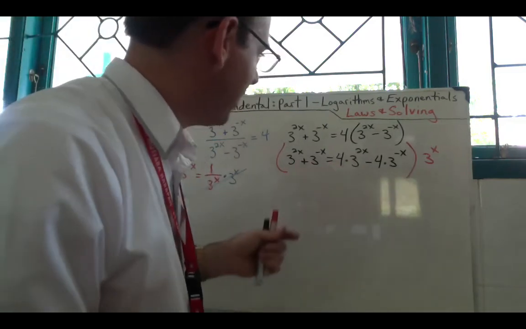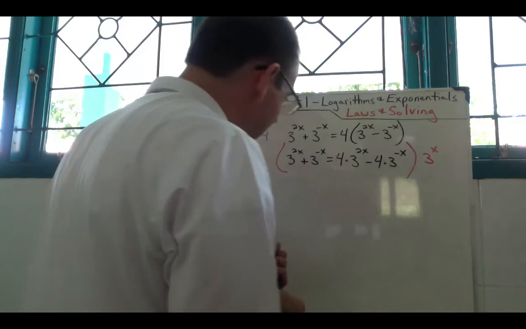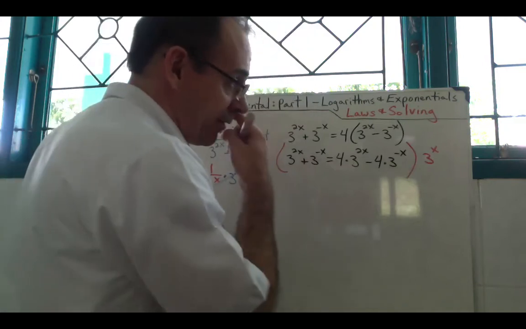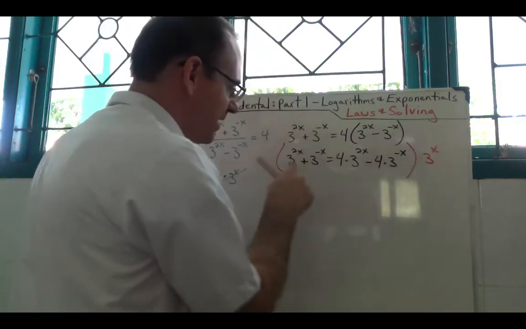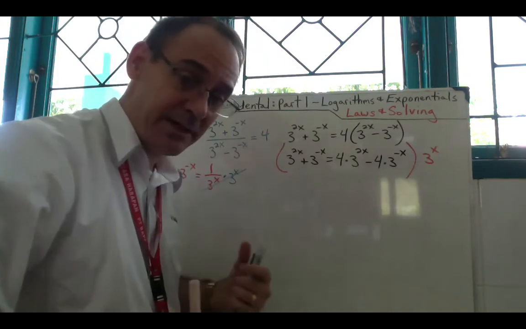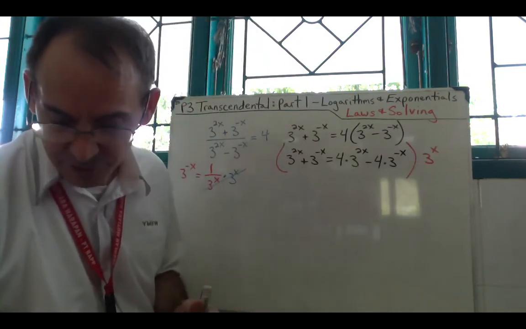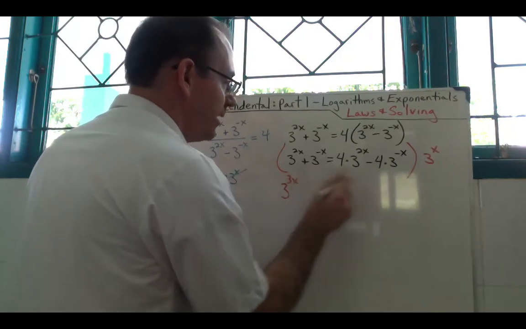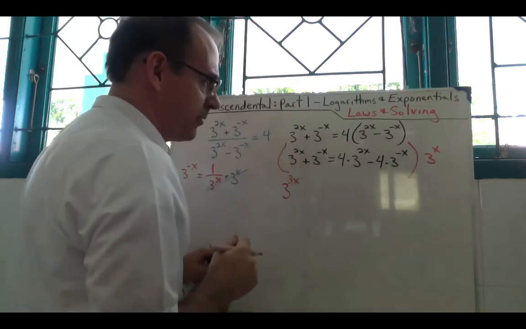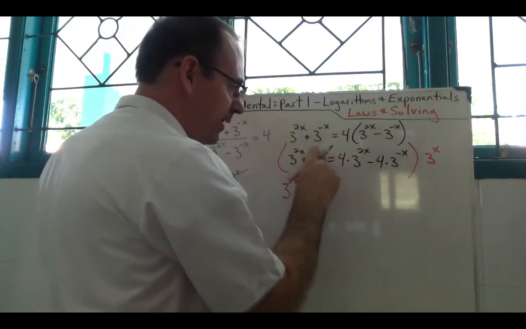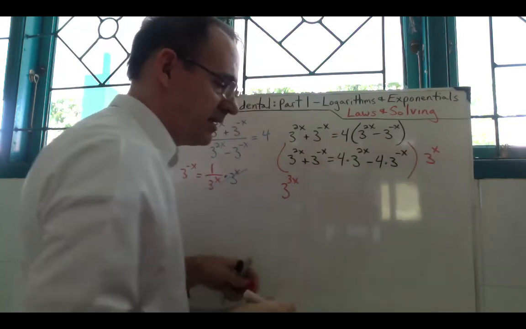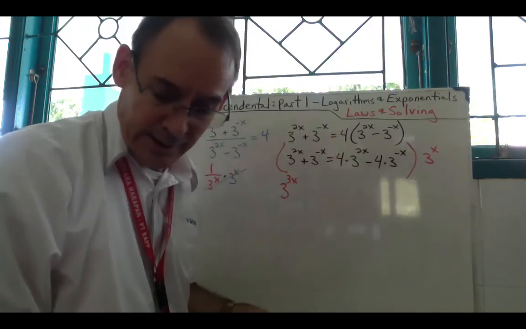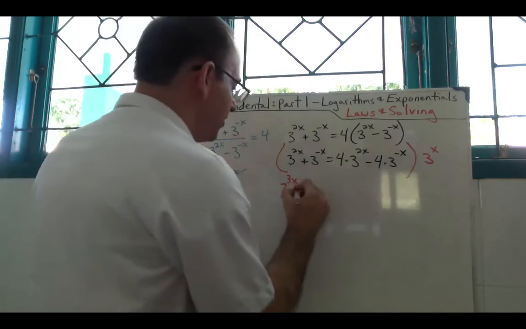So when we multiply on this side, 3 to the x times 3 to the 2x becomes 3 to the 3x. When you multiply, you add exponents. Here, when you multiply, you add exponents. x plus negative x becomes 0, and so that cancels and just gives us a 1.